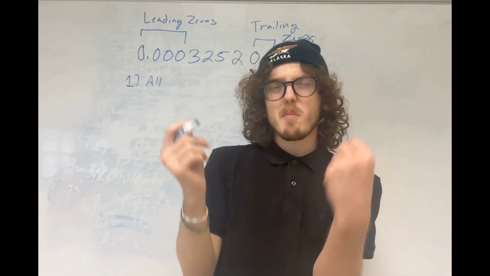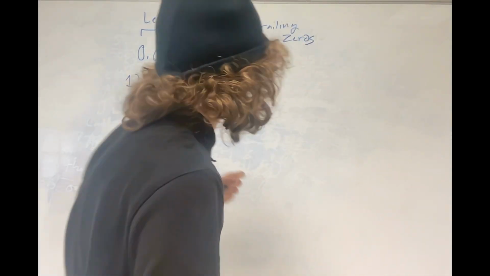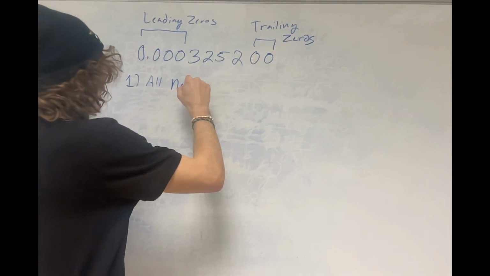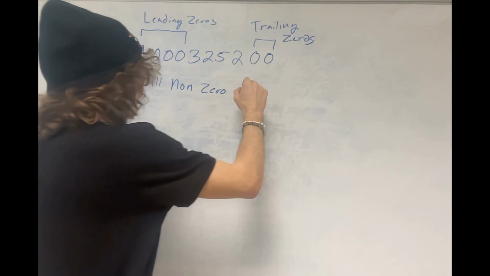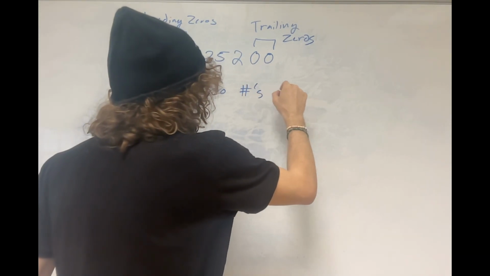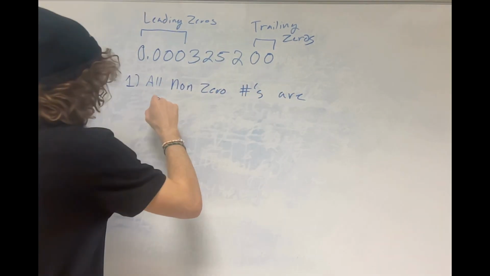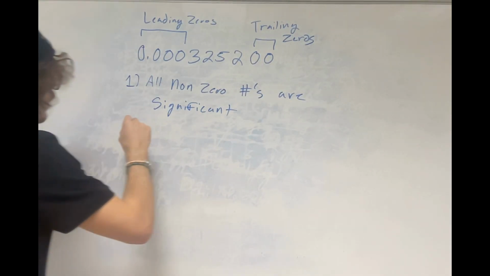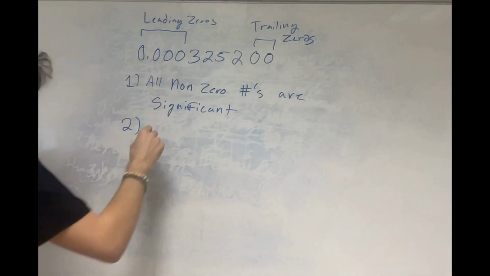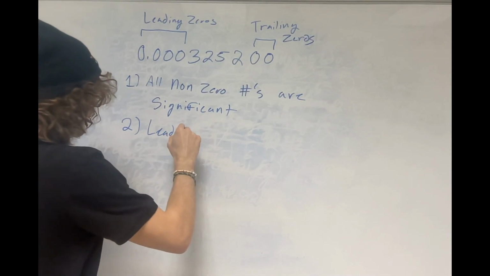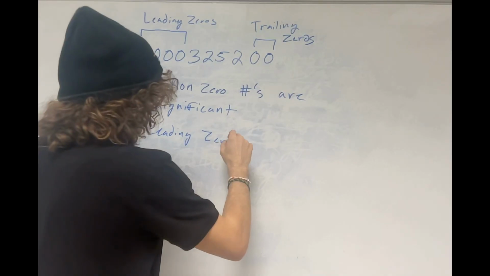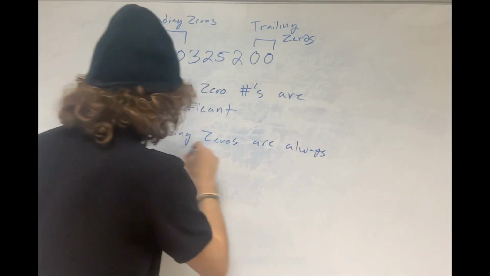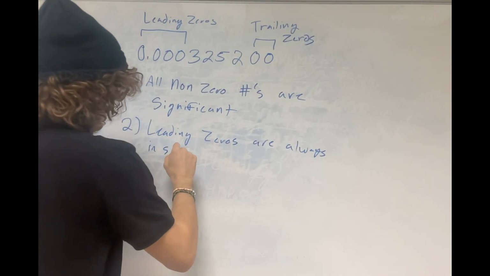The numbers that actually matter. In counting that, we need to consider the following rules. All non-zero numbers are significant. Not only that, leading zeros are always insignificant.